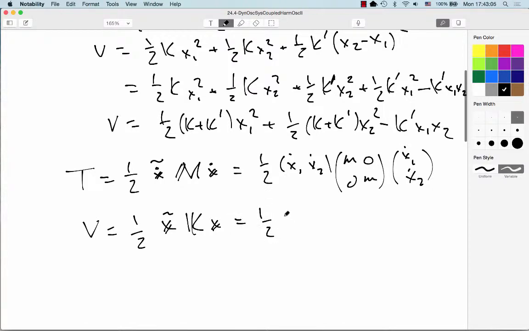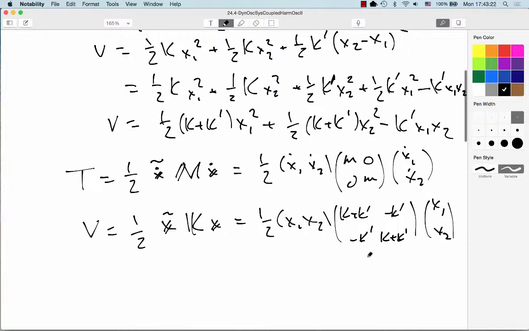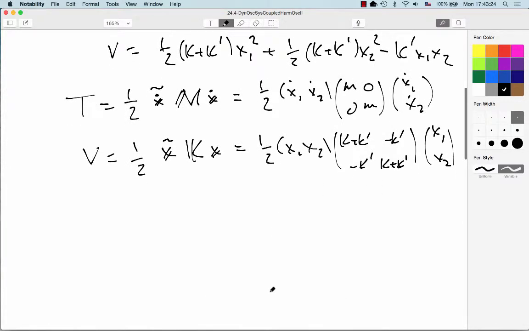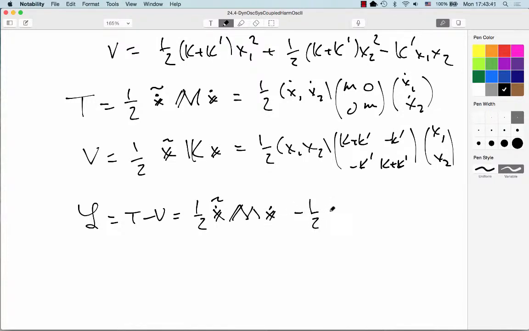So that'd be 1/2 (x1, x2) times the matrix with entries k plus k prime, minus k prime, minus k prime, k plus k prime, times x1, x2, like that. So then my Lagrangian, which is T minus V, will be 1/2 x dot twiddle m x dot minus 1/2 x twiddle k x.